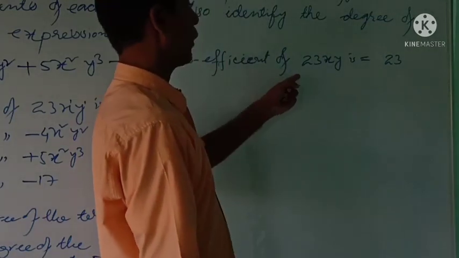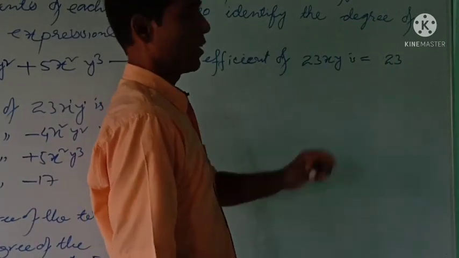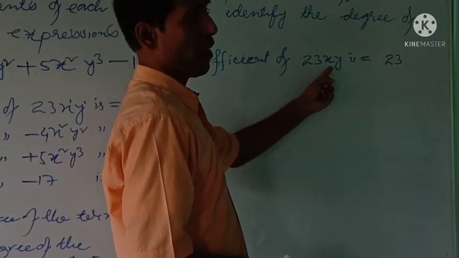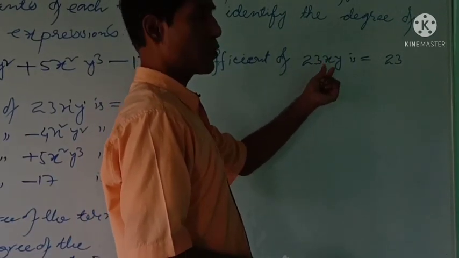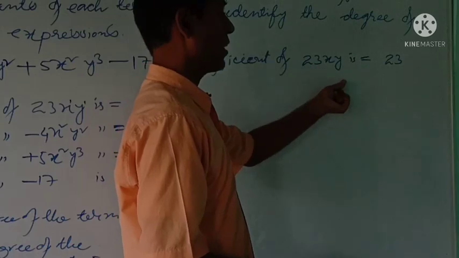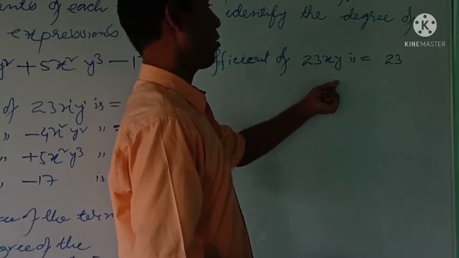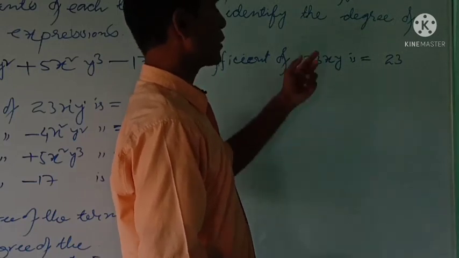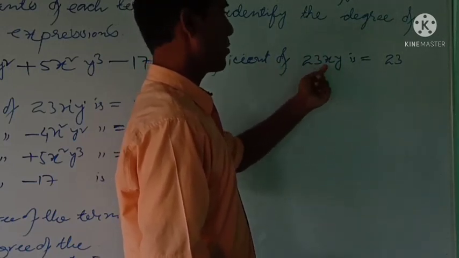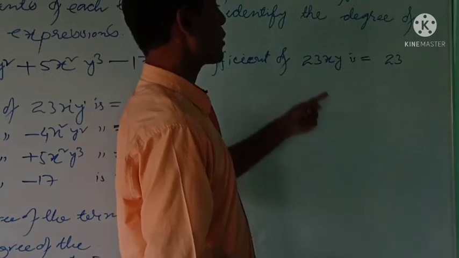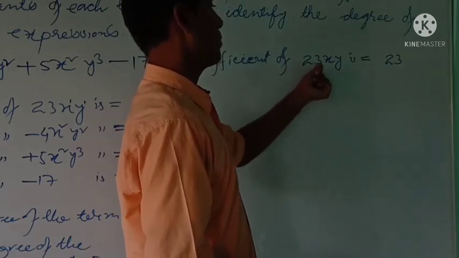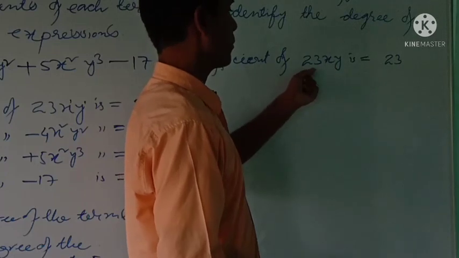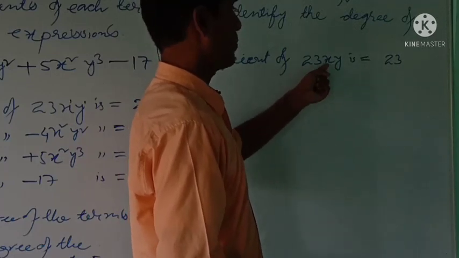Don't be confused. If the question is coefficient of x, it will be 23y; coefficient of y will be 23x. Coefficient of 23 will be xy. Coefficient of xy will be 23. Coefficient of 23x will be y. Coefficient of 23 and y will be x.